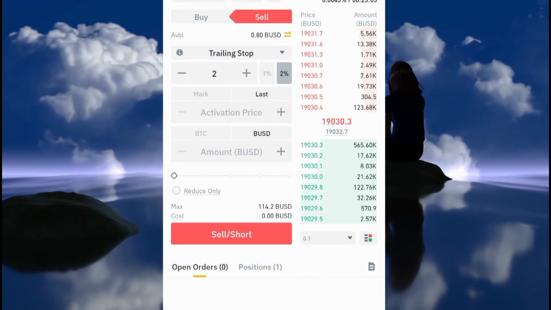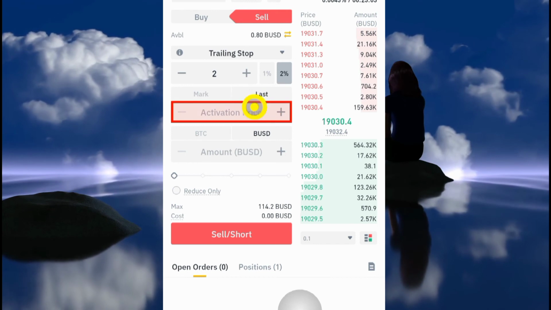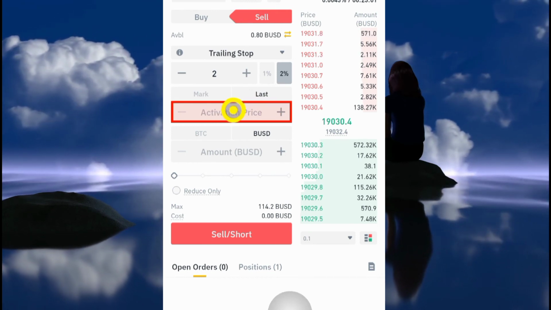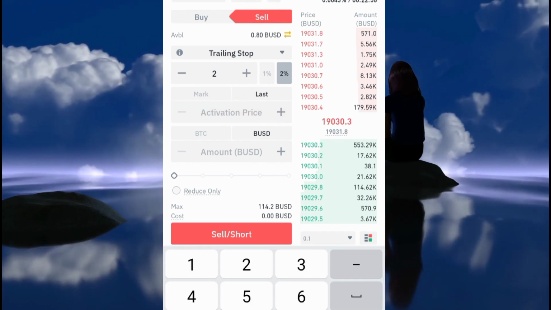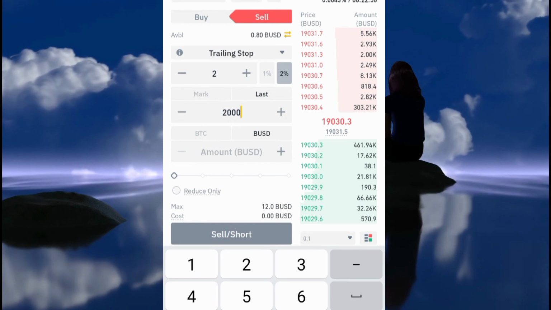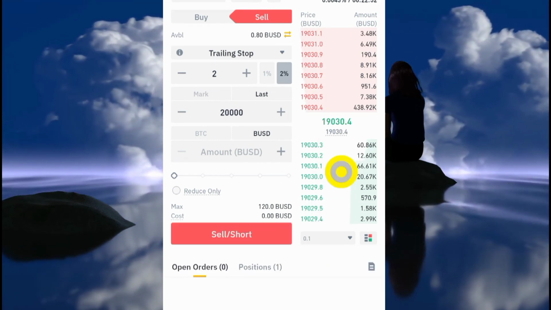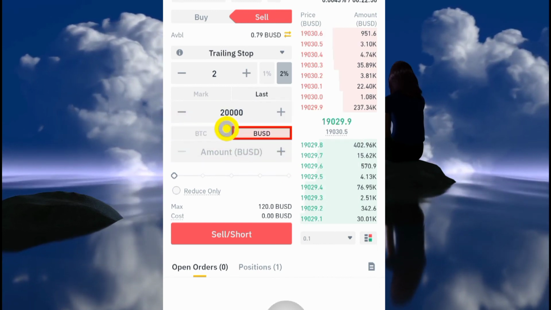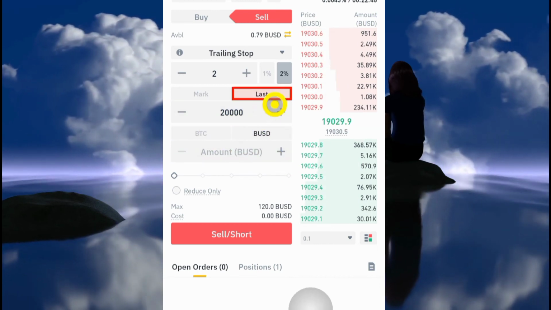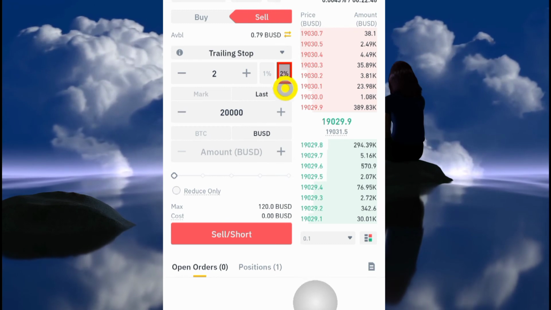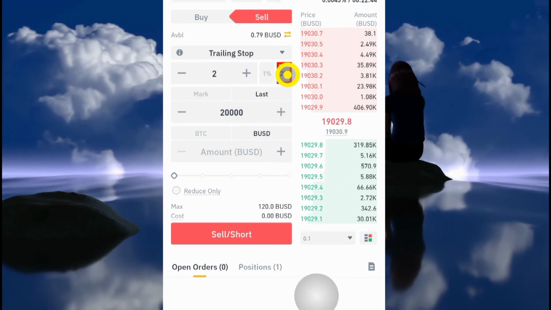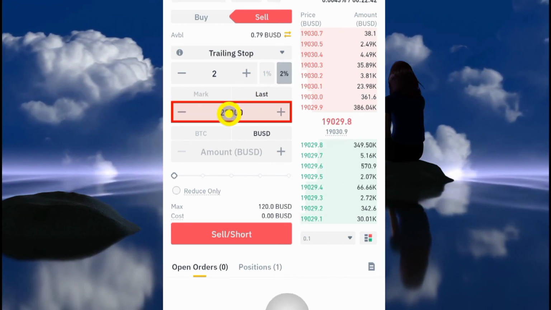I'm selecting 2%. So I'm saying, hey, I want to select an activation price of 20,000. So I put 20,000 in here. Now, like I explained earlier on, I'm telling Binance that I'm selecting a callback rate of 2%, and I want this callback rate to be activated the moment the market price hits 20,000.